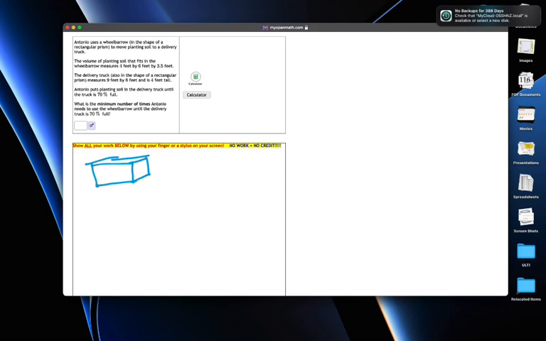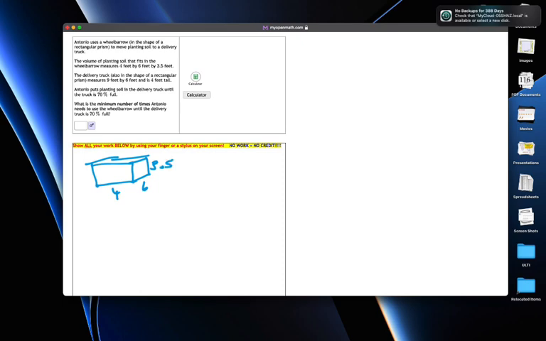To move planting soil to a delivery truck, the volume of planting soil that fits in the wheelbarrow is 4 by 6 by 3.5. So 4 by 6 by 3.5.